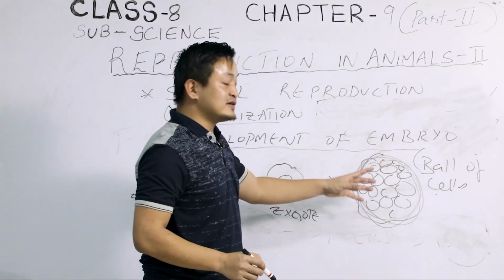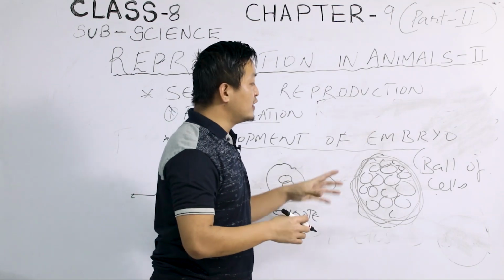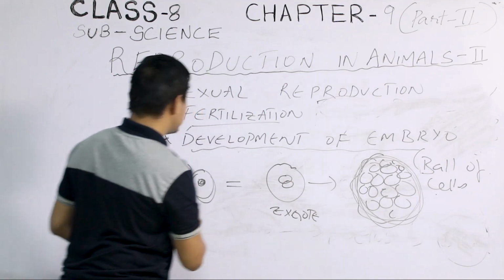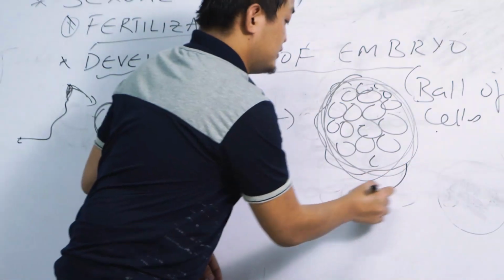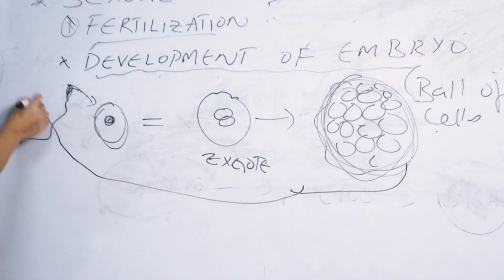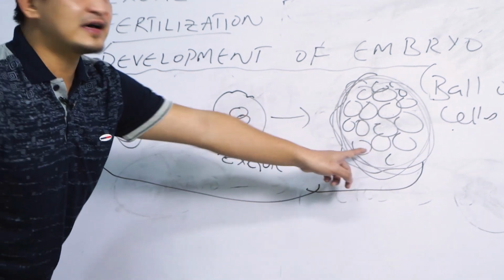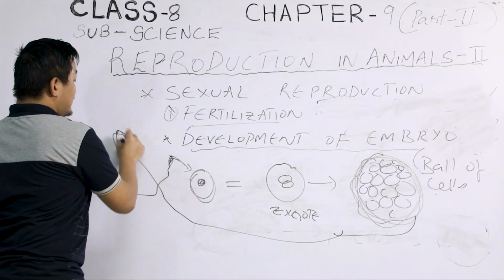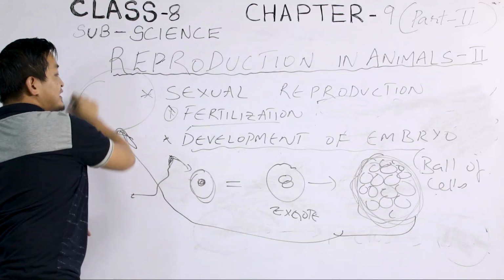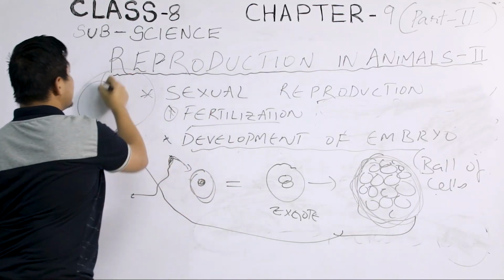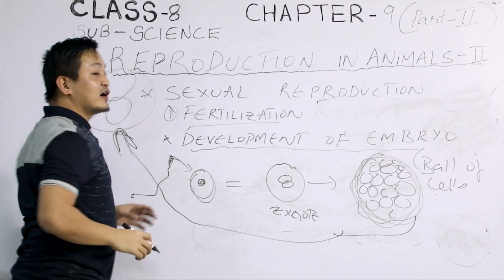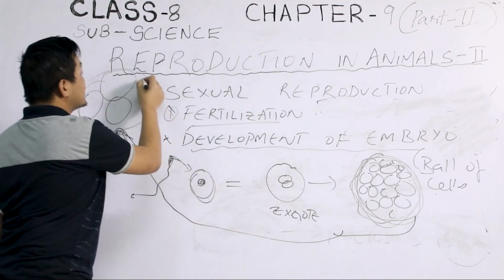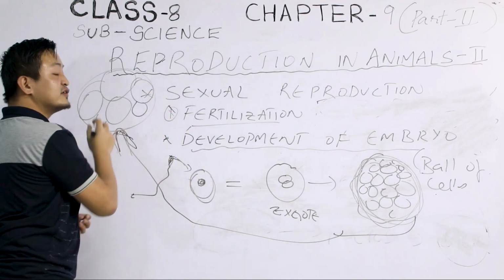Now, these cells develop and form different groups. After this, I'm continuing here. They are forming a group and forming different tissues.